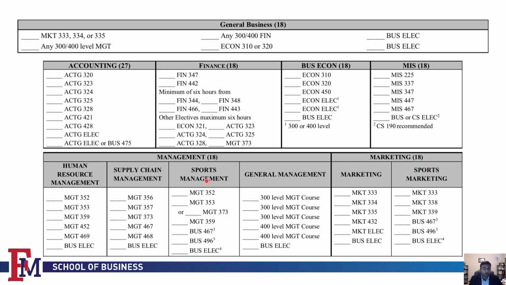Management and marketing also have separate tracks. These tracks in management are human resource management, supply chain management, sports management, and general management, whereas the tracks in marketing are marketing and sports marketing.